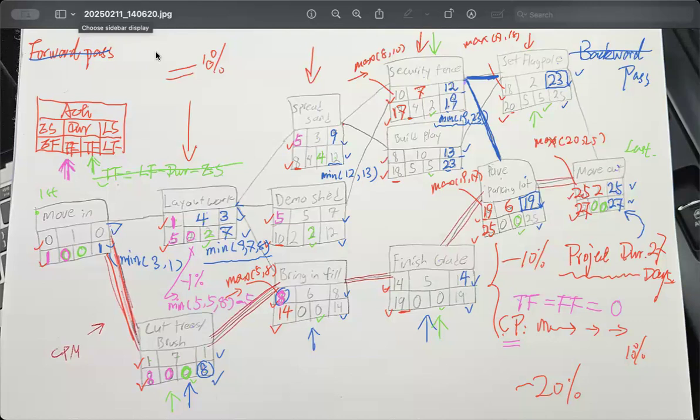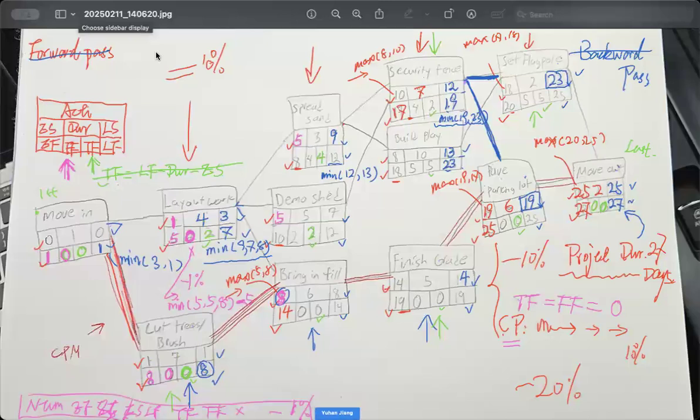Yes, 0, that's right. So if you have any number, which is ES, EF, late start, late finish, total float, free float, then you are getting marks from your results.